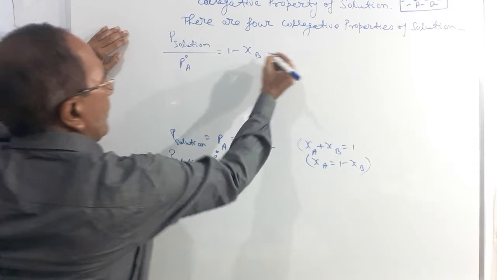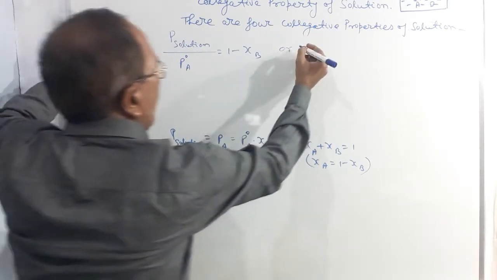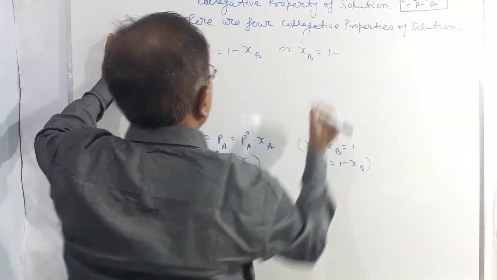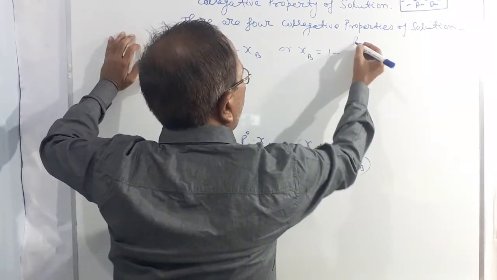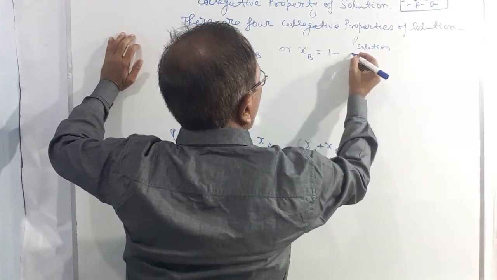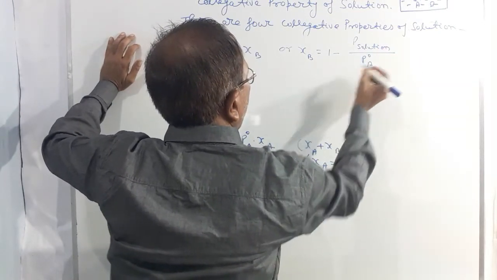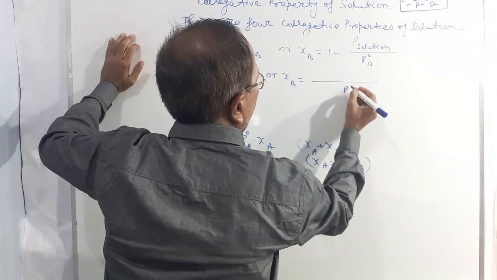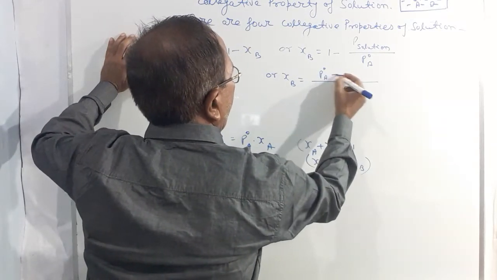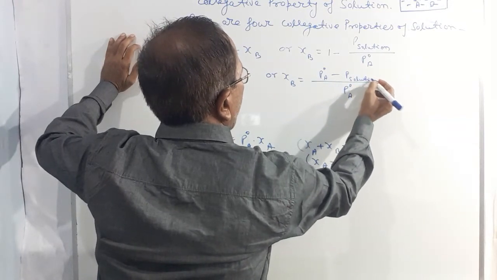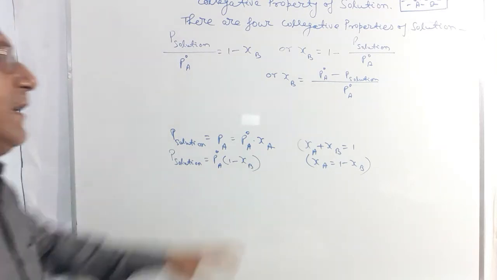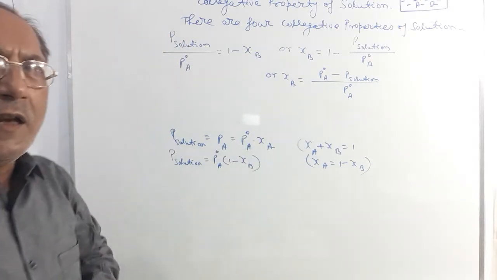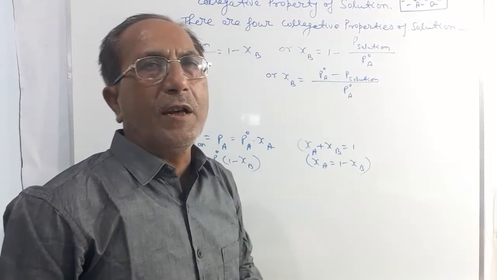Clear? And this XB is equal to 1 minus P solution by P naught A, and XB is equal to P naught A minus P solution, divided by P naught A. Can we see that P naught A is the vapor pressure of A in pure state, and this P solution is lower?